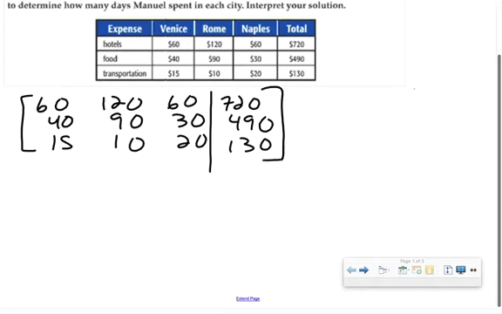Next thing I'll do is make these numbers smaller. Notice that each row has a greatest common factor. So we're going to divide all the rows by their greatest common factor.